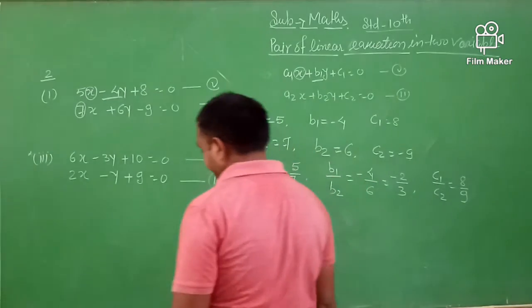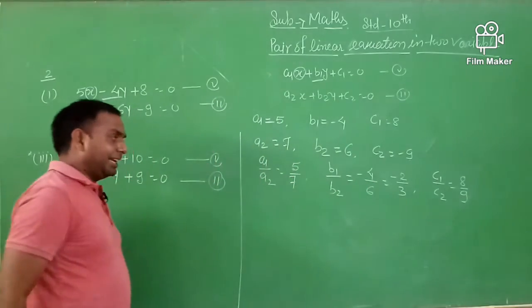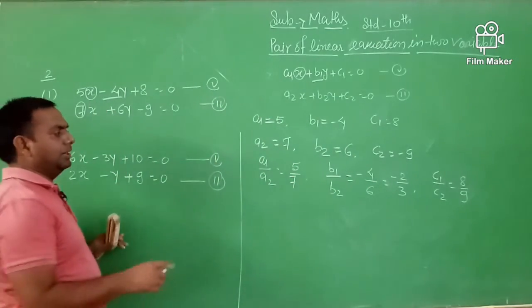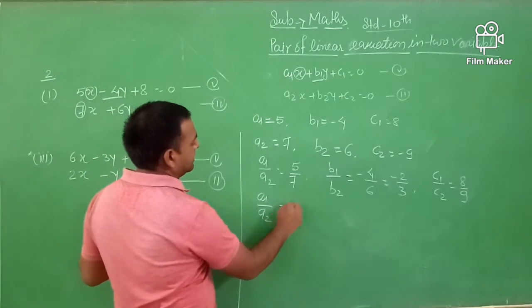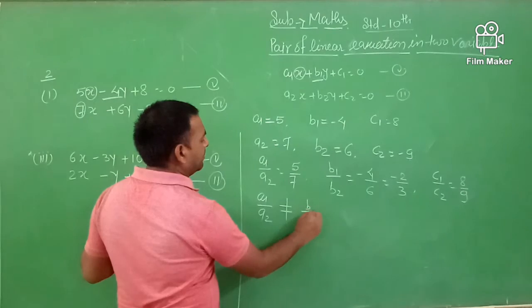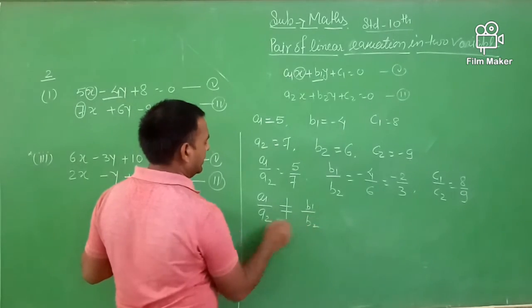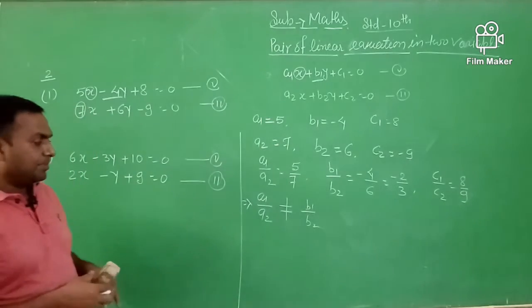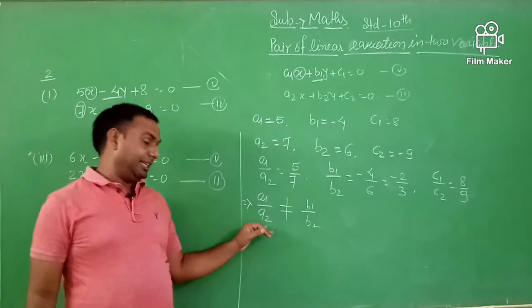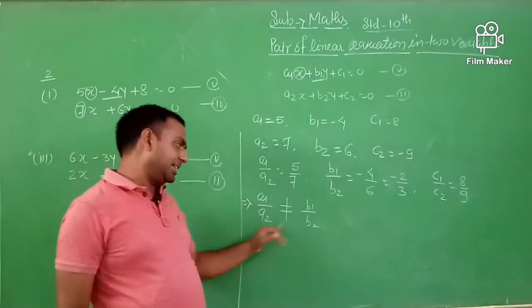Here you see that a1 by a2 does not equal b1 by b2. It means lines are intersecting in one point.